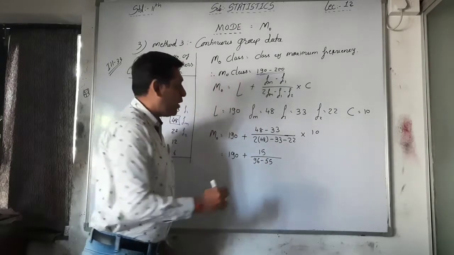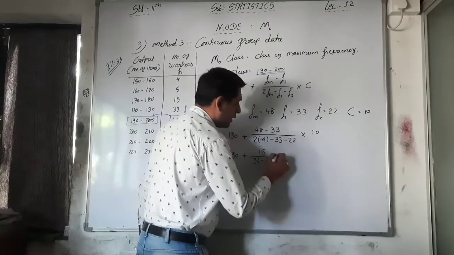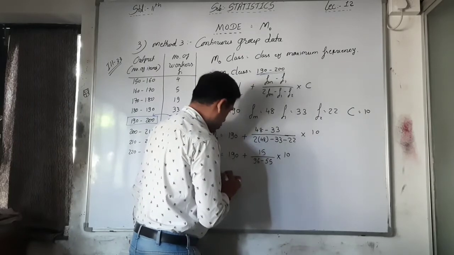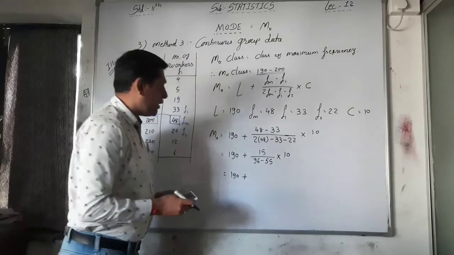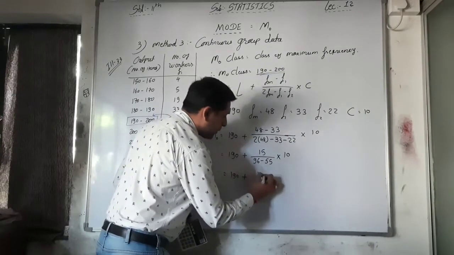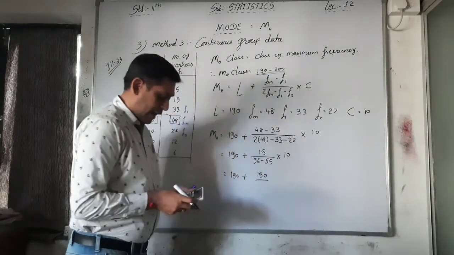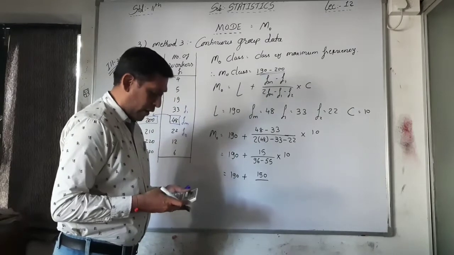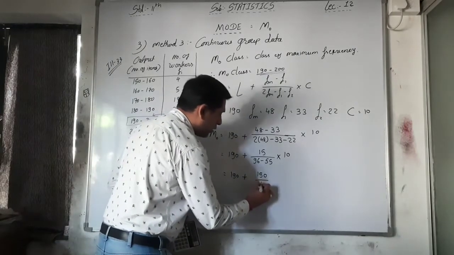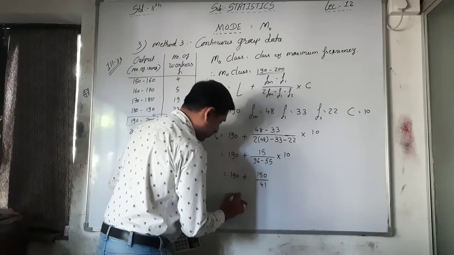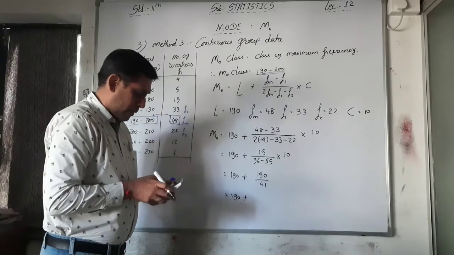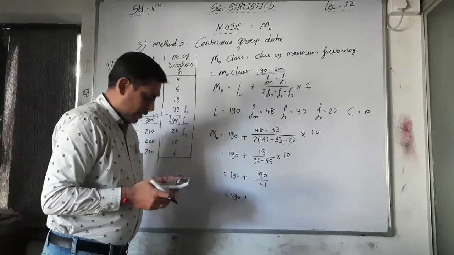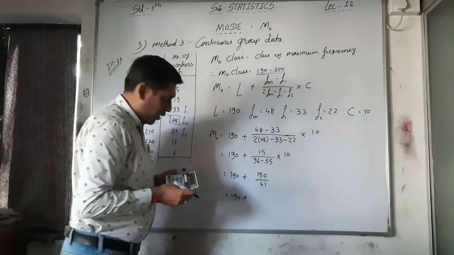Minus 55 into 10. So here 190 plus 15 into 10, that is 150, divided by 96 minus 55, that is 41. So 190 plus 150 divided by 41, 3.6585.